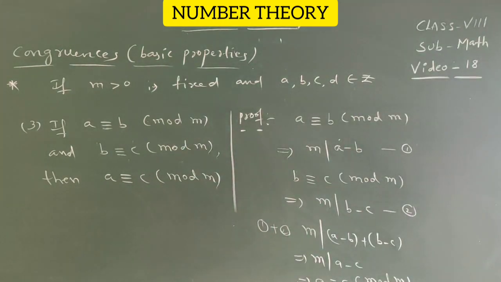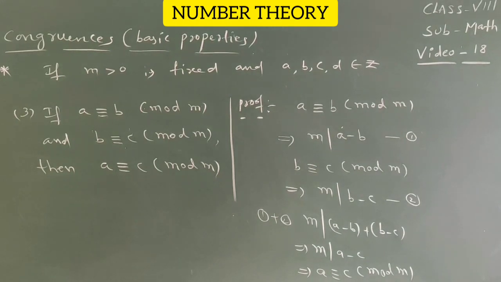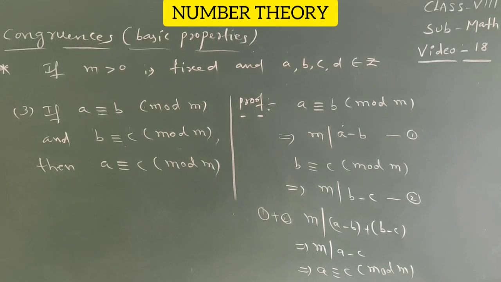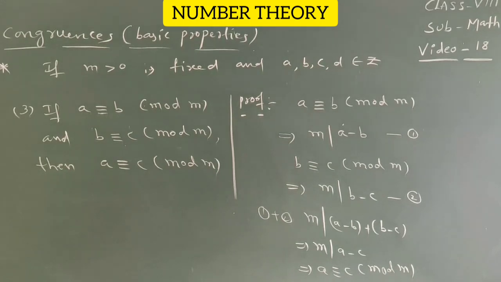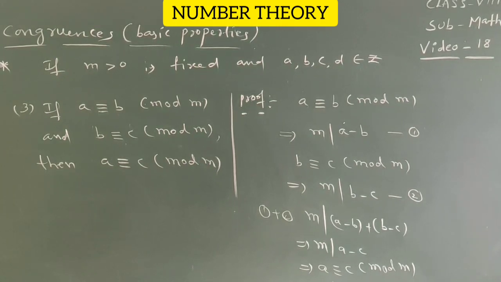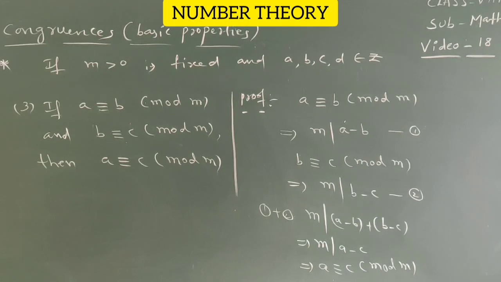Once more, observe. I will show that one. Next, what is given? a is congruent to b mod m, and b is congruent to c mod m. Then we need to prove a is congruent to c mod m. a congruent to b mod m means m divides a minus b. b congruent to c mod m means m divides b minus c.